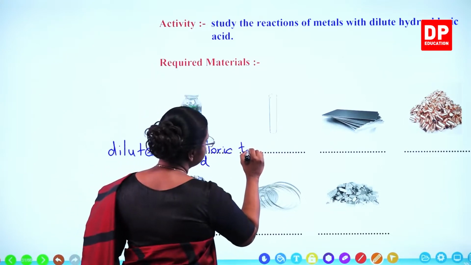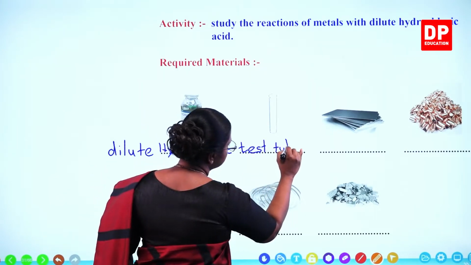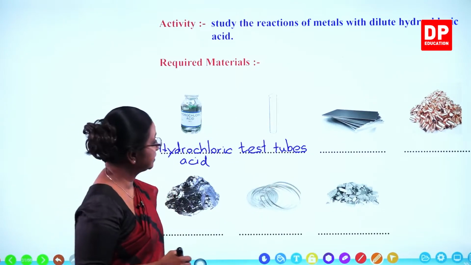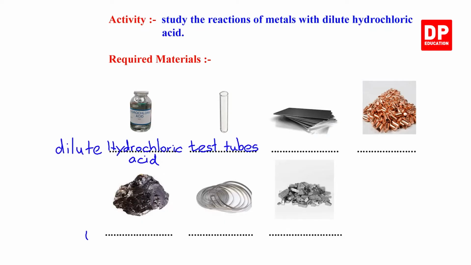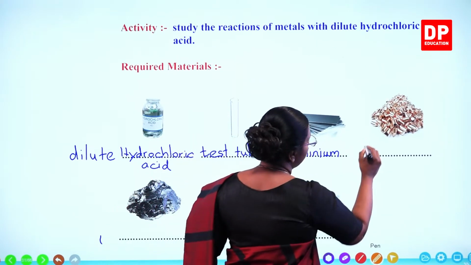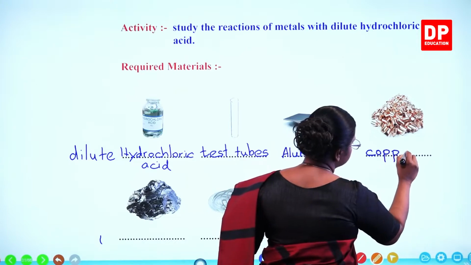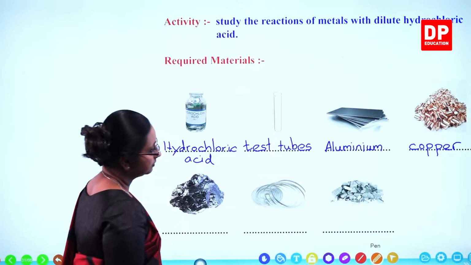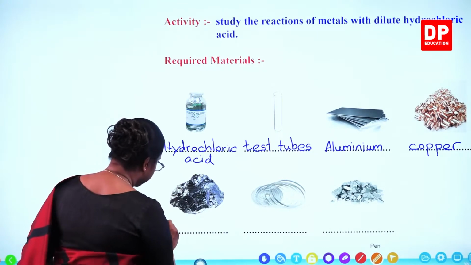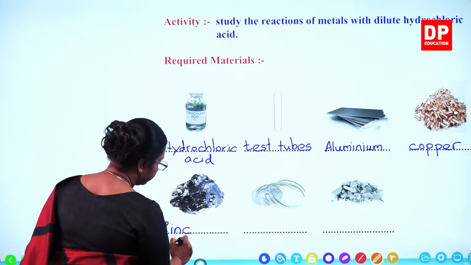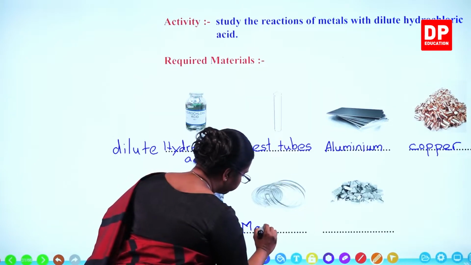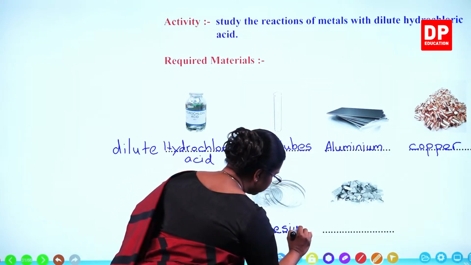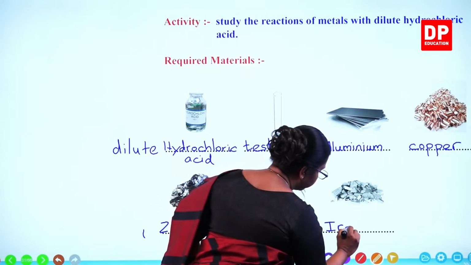Then we need test tubes, and here we have aluminium, copper, zinc, magnesium and iron.